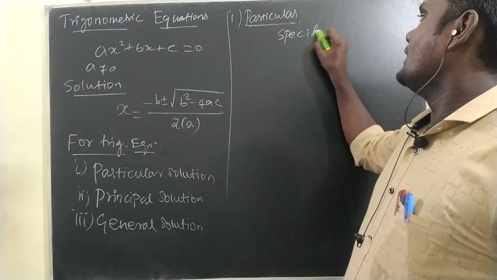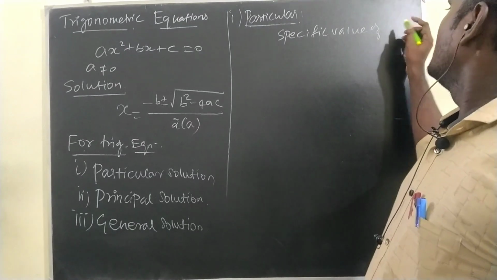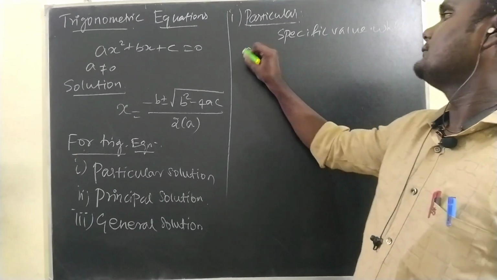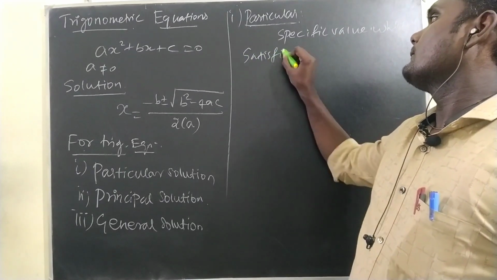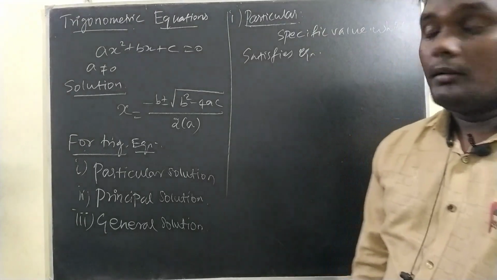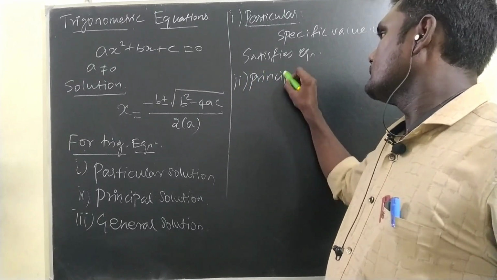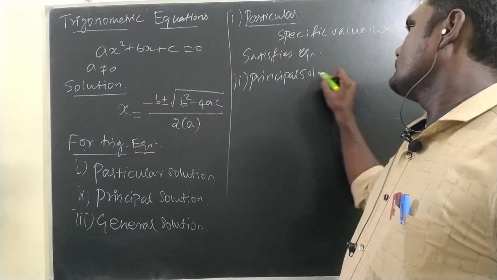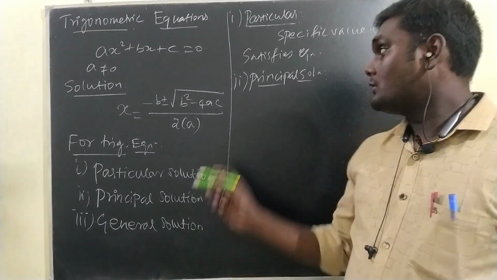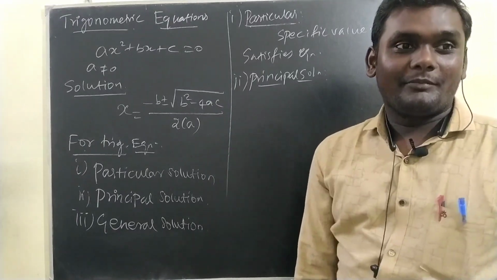A specific value which satisfies this equation is called the particular solution. Principal solution means, when your school principal is solving this equation, the solution given by your principal is the principal solution.